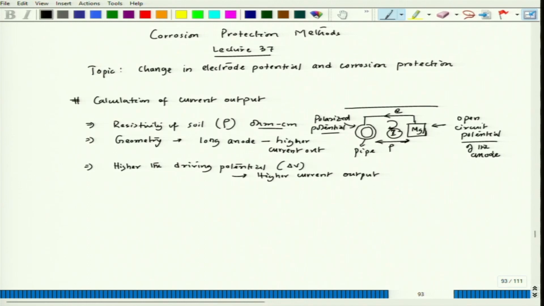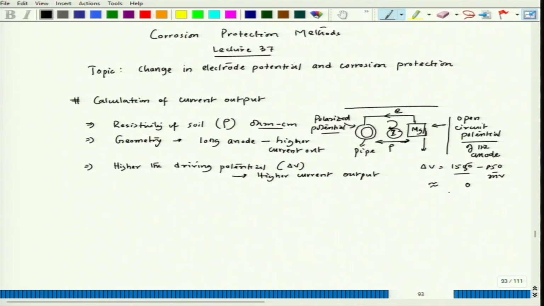If you connect it, the potential might vary a little bit, but if we initially consider the initial open circuit potential for pure magnesium, delta V would be 1500 minus 850 millivolt. Generally, the magnesium open circuit potential is 1.55 volt with reference to copper sulphate.